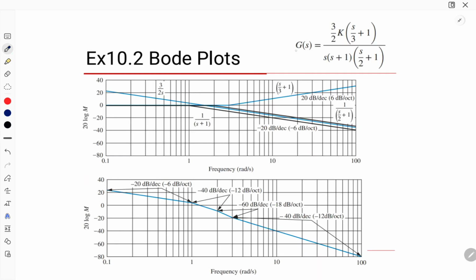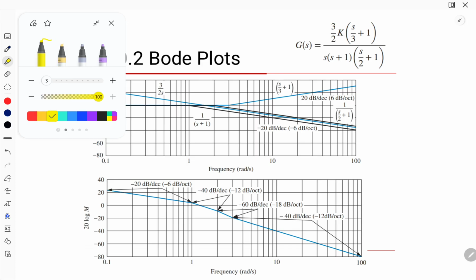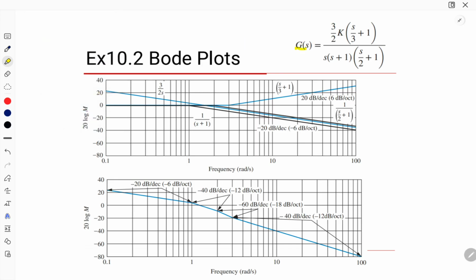So I took over the G of S from the previous page so you can see it as your reference. And then let's find out what happens to each item. So first thing first, we have 3 over 2 and S. S is pretty much from 0 and then downwards.